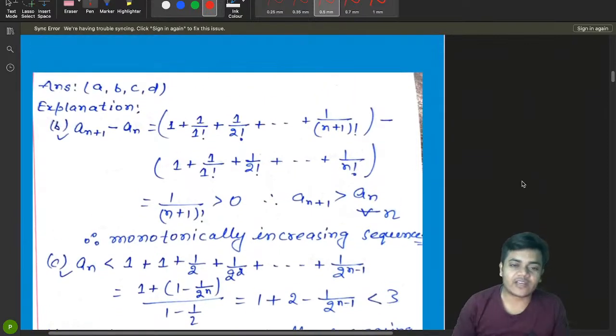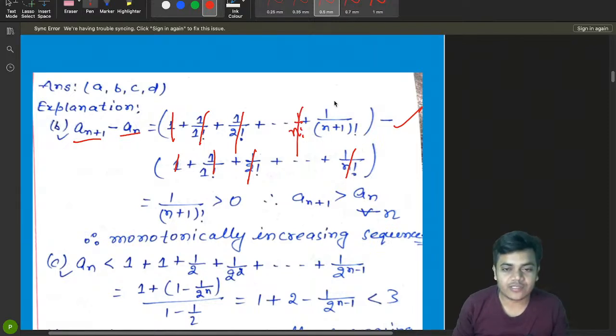In an plus 1 minus an, there is a minus sign, so all these terms will be cancelled, because the sum goes up to 1 over n plus 1 factorial. Finally we will be left with 1 over n plus 1 factorial, and n is a natural number, so this will be strictly greater than 0.